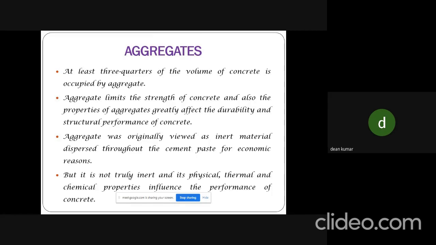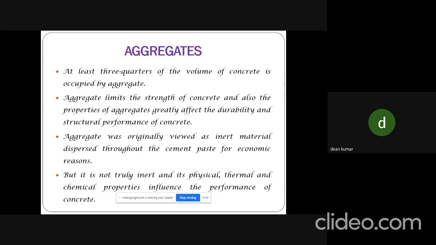Aggregate limits the strength of the concrete. Very important. The contribution to the strength of the concrete is because of the aggregates. The remaining thing is only sand and cement paste. The main ingredient contributing to the strength of the concrete is the coarse aggregate.